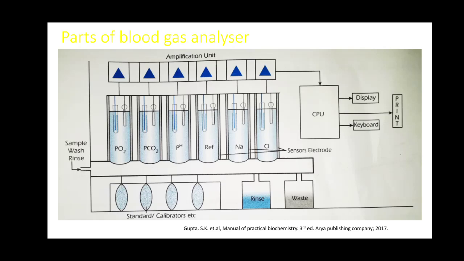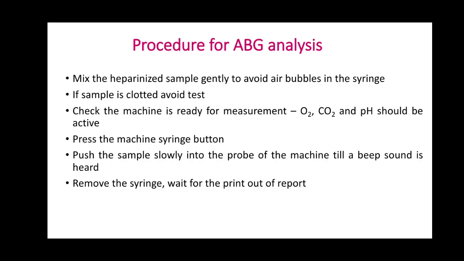So this is the part of the blood gas analyzer which has an amplification unit, separately for partial carbon dioxide, partial oxygen and pH, and reference electrodes, and sodium and chloride, and standards or calibrators, and also a display, keyboard and leads to the print area.